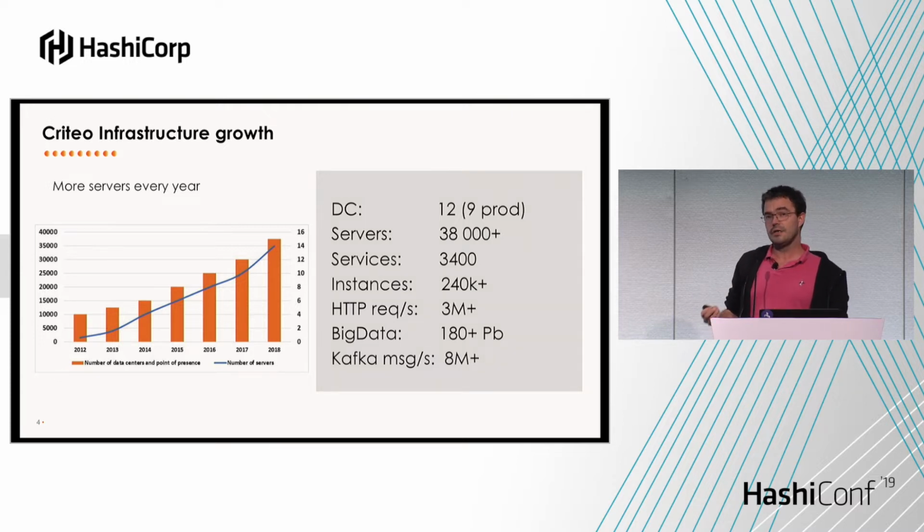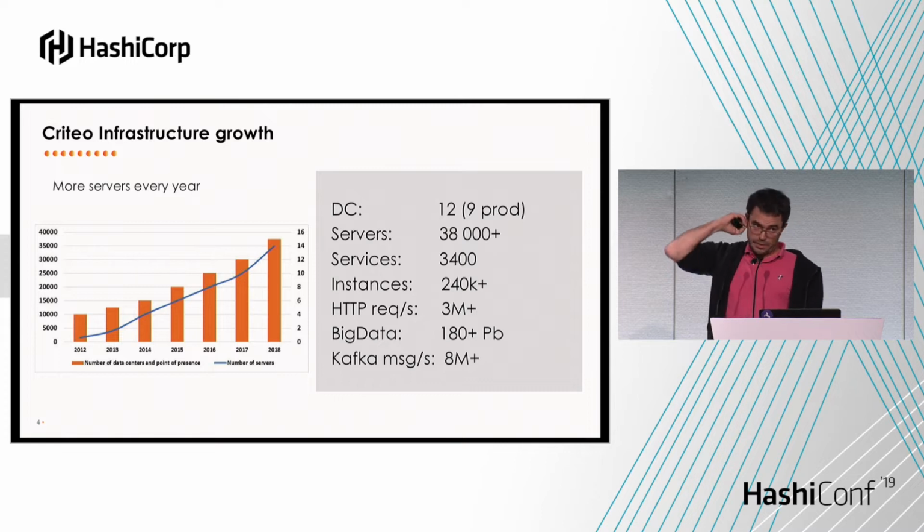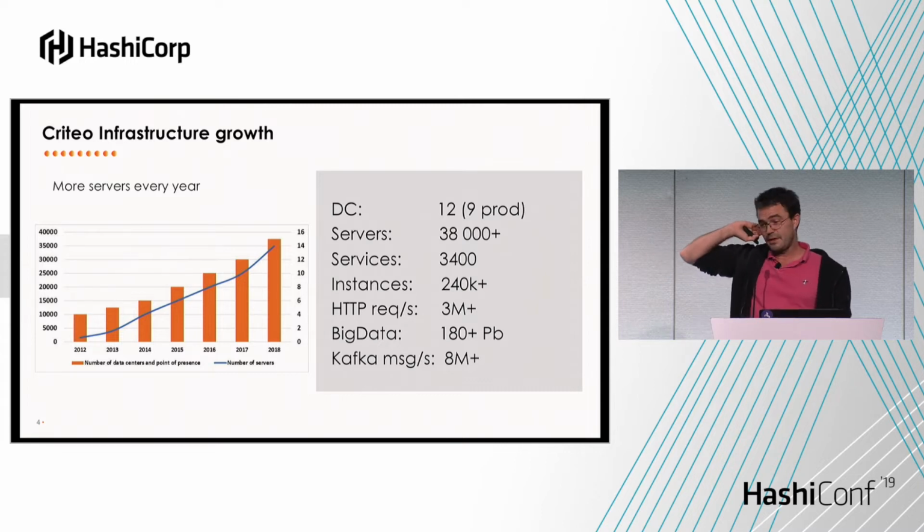So historically, Criteo is a bare metal shop. No cloud here. Just physical machines, the closest possible to the edge, and trying to be as fast as possible. The company did grow quite a lot by increasing the number of machines. Today we are around 40,000 machines in 9 production data centers.